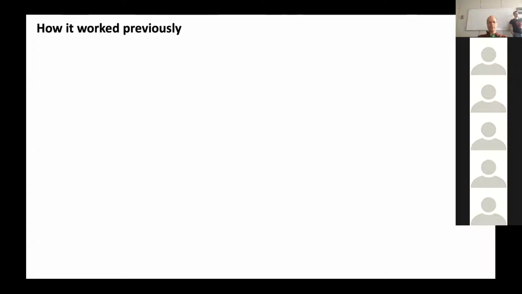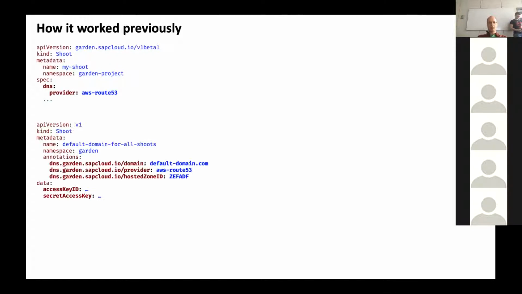Like last time when I showed the operating system config, just a recap of how it was before. This is one case of how to define a domain. The Gardener administrator, or the person that installs the Gardener, creates a default domain secret, which contains the credentials and some information about the domain, at which provider it's managed and in which host it's owned.